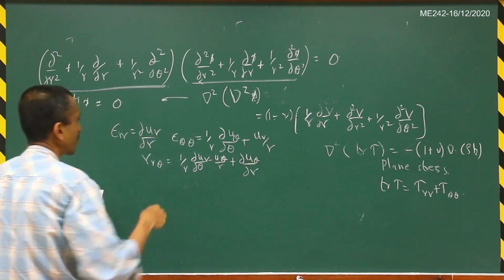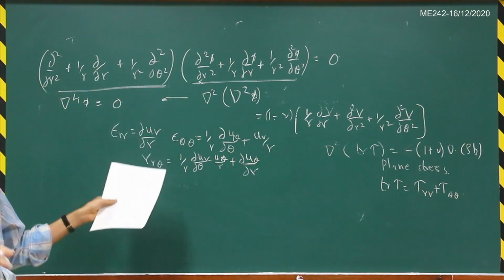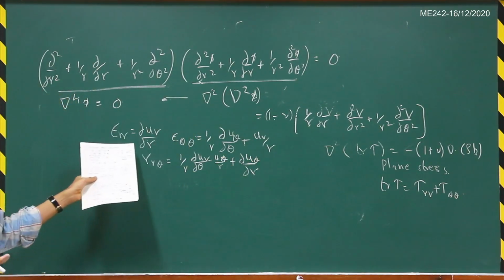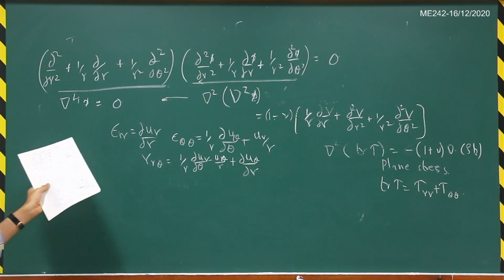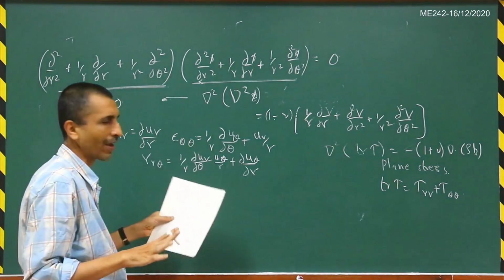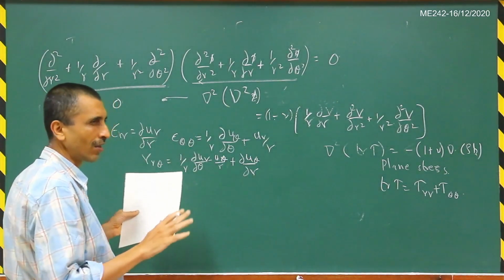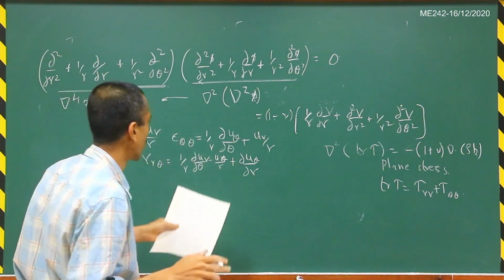So these are the expressions. All of these are listed in the book. You need not memorize any of them. I will give them in any of the exams if required.